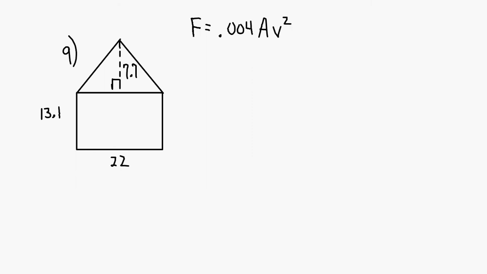A is the area of the surface in square feet, V is the wind velocity in miles per hour. How much force is exerted by wind blowing 77 miles an hour? So they're telling you now that V is equal to 77. How much force is exerted by the wind blowing 77 miles an hour against the side of a building? And all of your answers are in tons.